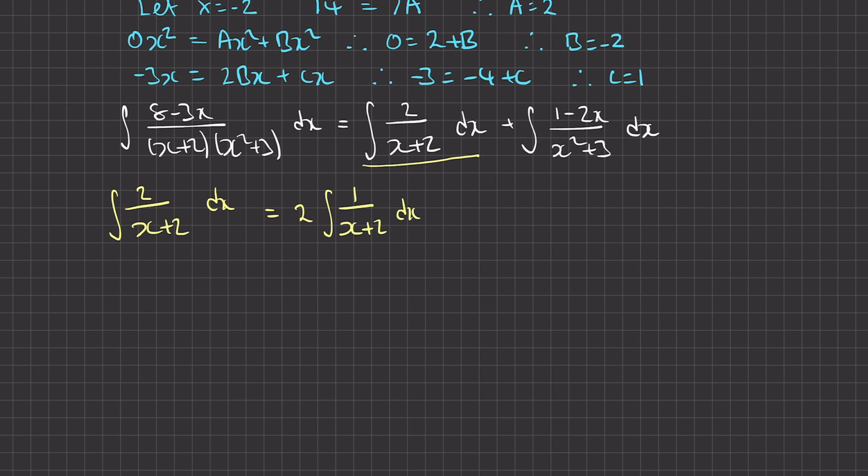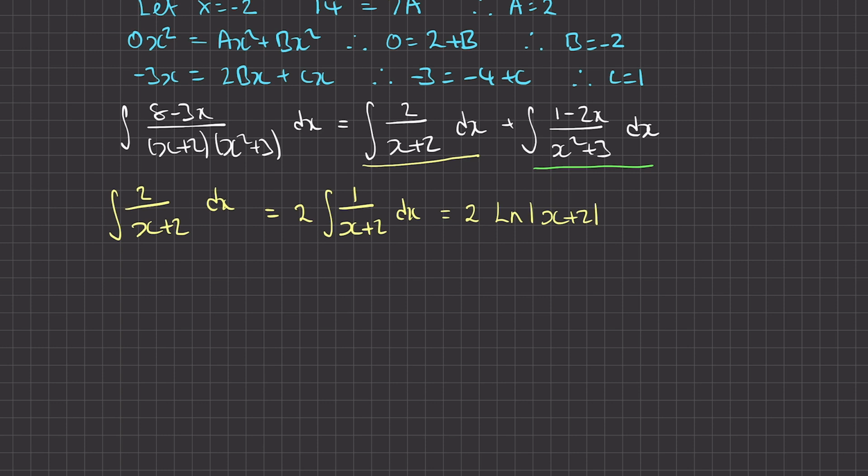And I can use the natural log function to integrate this. And then I get 2 times the natural log of the magnitude of x plus 2. Okay, so that's the integral of this. So the next one, we're going to go back and look at this part in green.